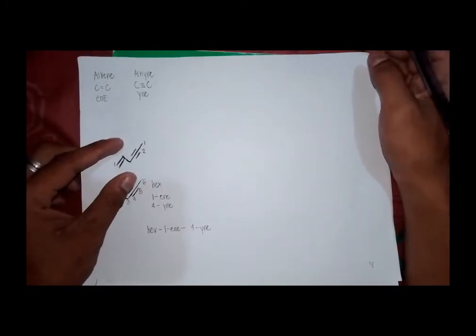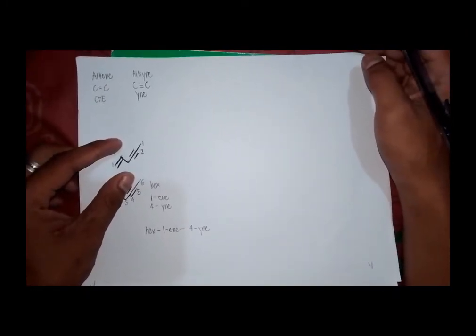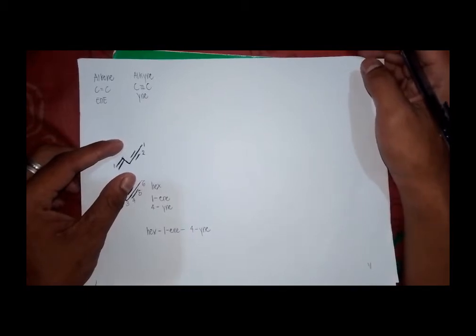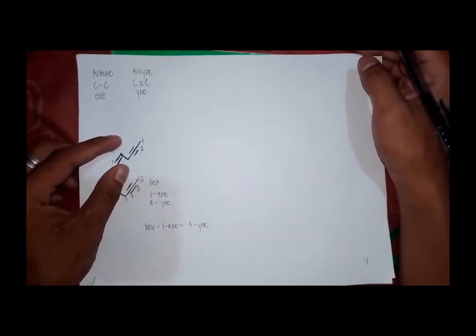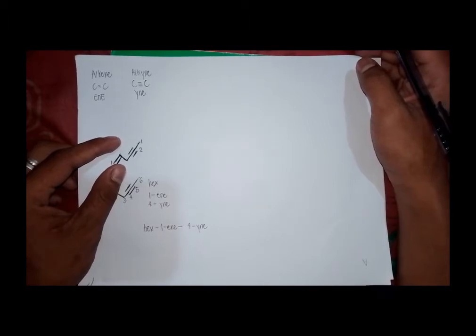In this example, I switch the order of the substituents, so once again we have a straight chain with an alkene and alkyne.